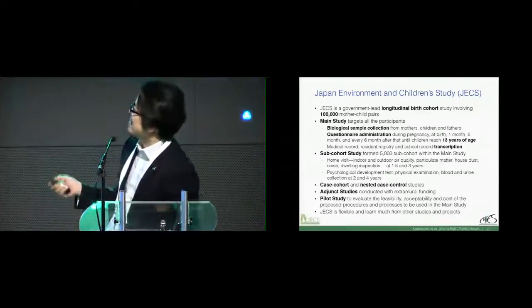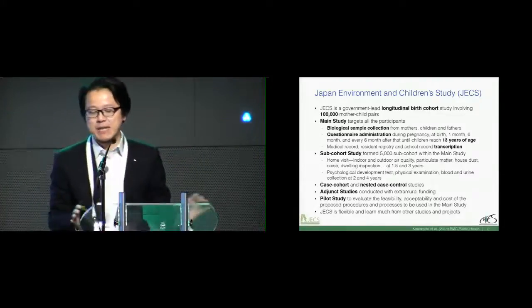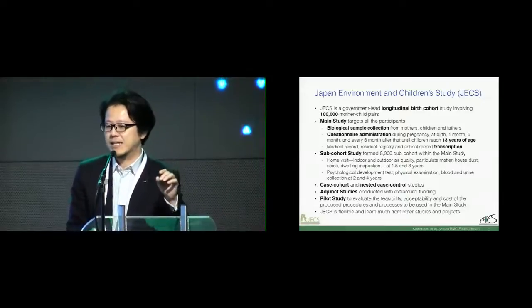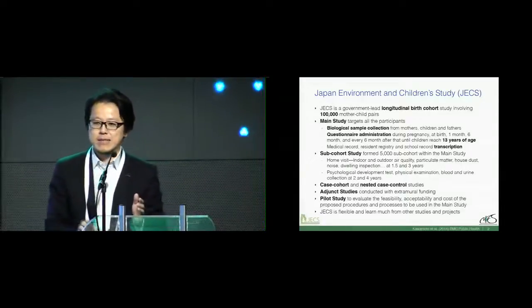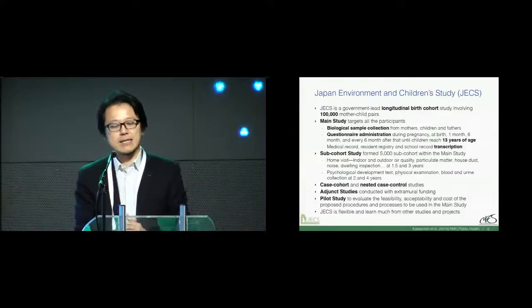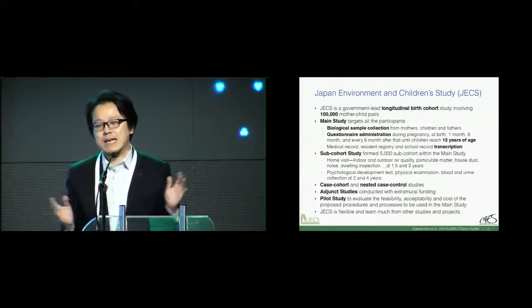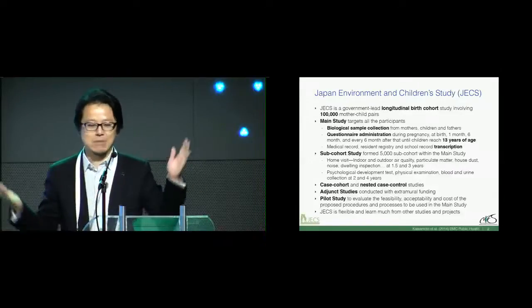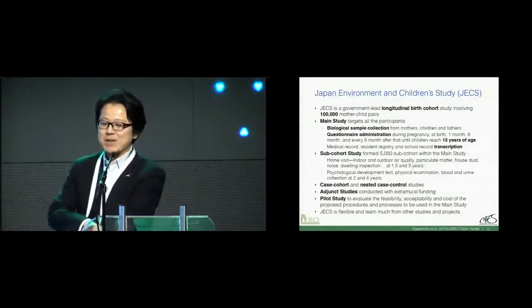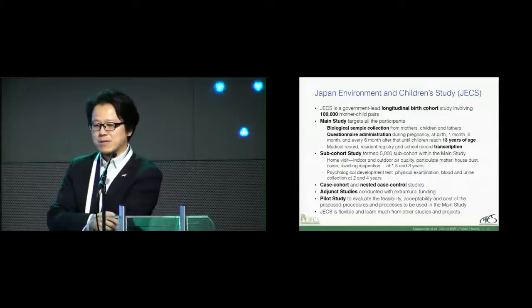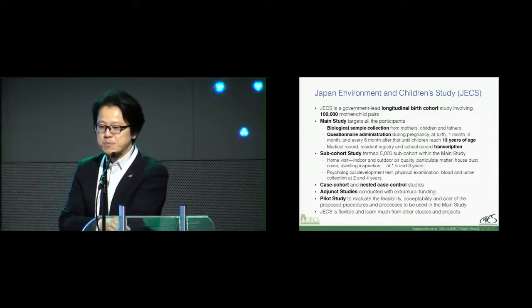Anyway, our study, the Japan Environment and Children's Study, JECS, is a government-led longitudinal birth cohort study involving 100,000 mother-child pairs. We didn't expect to get this many, but somehow we did. So we had to go with the 100,000 kids.